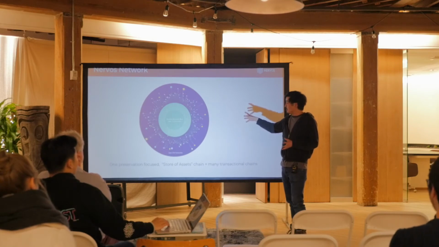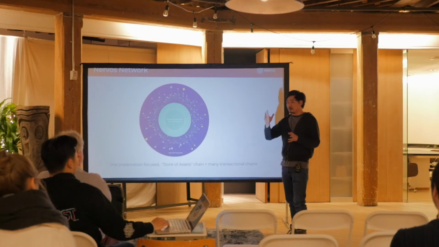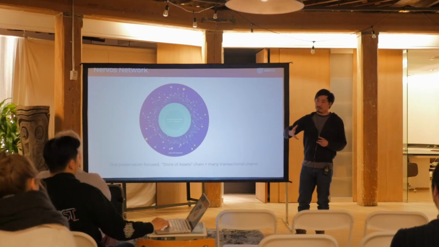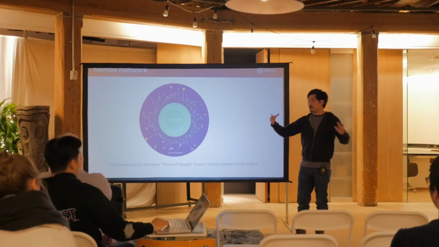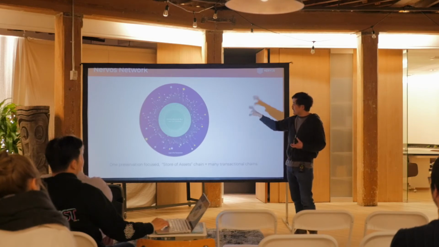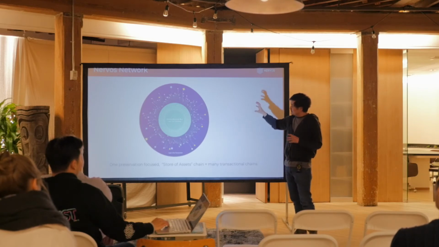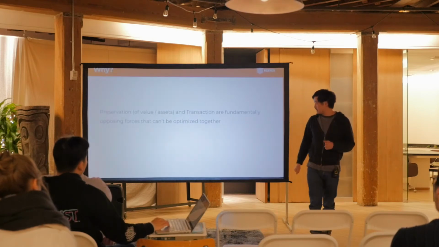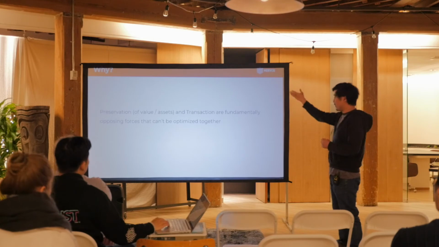In other words, the separation is not about whether you want to relay messages across different chains, right? It's not about having a random beacon that all the other chains can use, right? If you do this topology, the separation is about values versus transactions. We'll talk a little bit about why that's the case. So why, right?